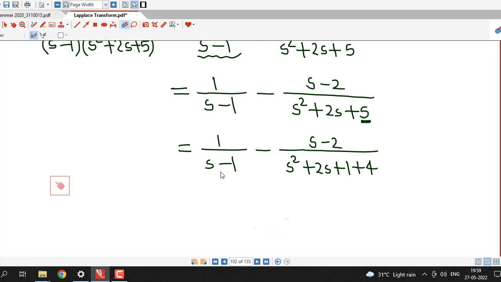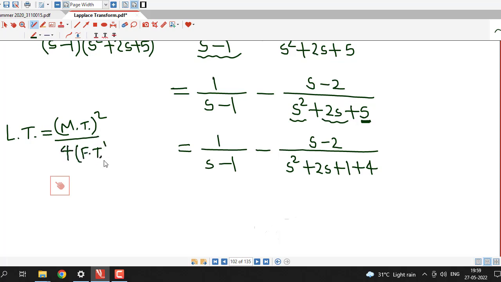Or you can decide the last term corresponding to these two. This is middle term, this is first term. We know that last term is obtained by square of middle term divided by 4 into first term. If we consider 2s as middle term, we have square of middle term as 4s square, 4 into first term, that is s square. So if we consider last term as 1, we will have perfect square here.